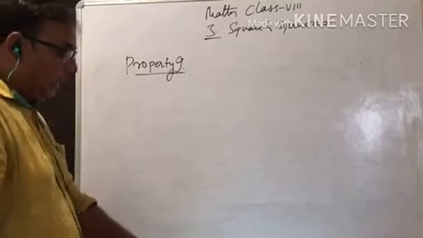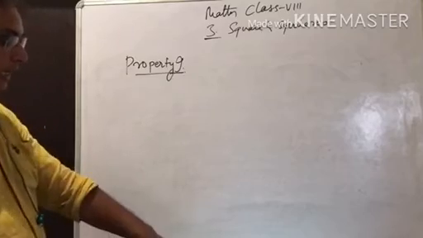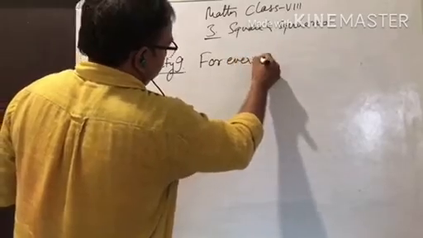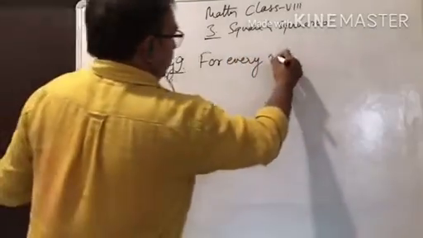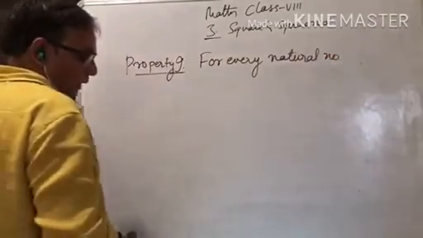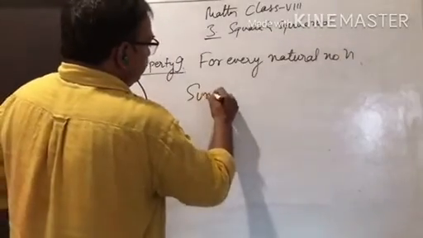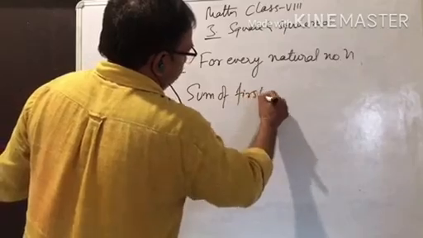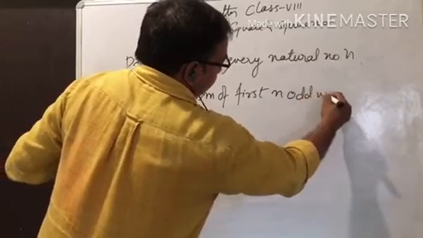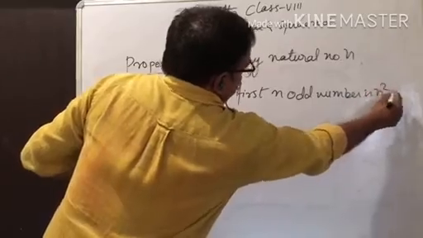So the property number 9: for every natural number n, the sum of the first n odd numbers is n square.